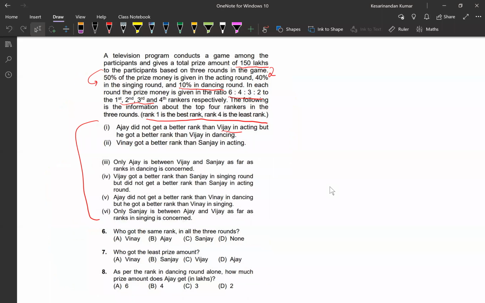Okay. Yes, Ashwik, first one is correct.